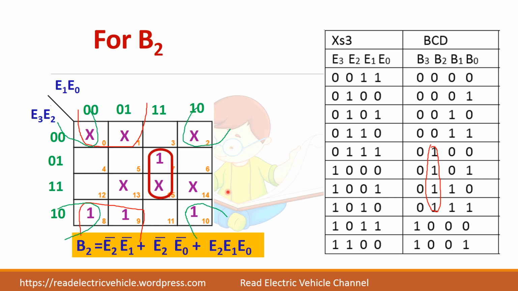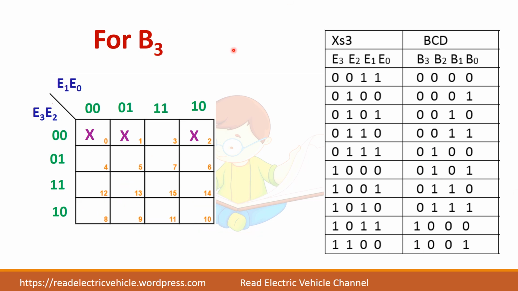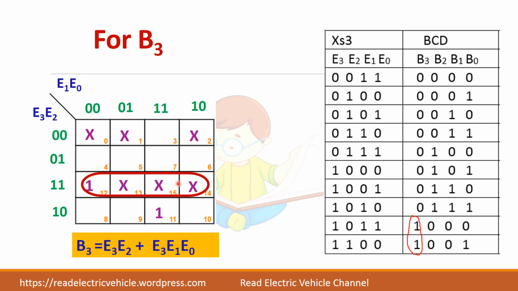So you will get 3 terms. Next for B3, only 2 ones are there. Let us mark that. Remaining are don't cares. How to combine the ones? This one can be combined like this and this one can be combined like this. So you will get 2 terms.